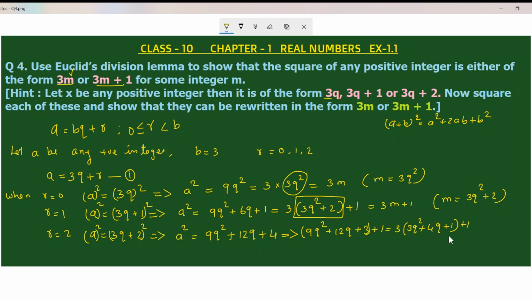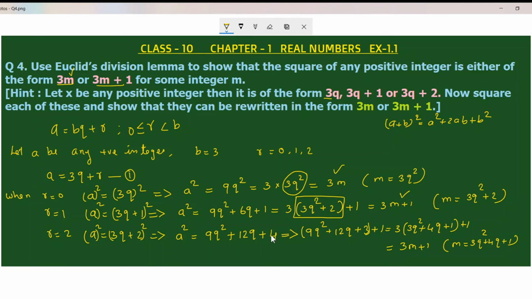Now I am going to write this as 3m plus 1, where m is equivalent to 3q square plus 4q plus 1. We have assumed this whole is m. So now we have proved the square of any positive integer can be written in the form of 3m plus 1.